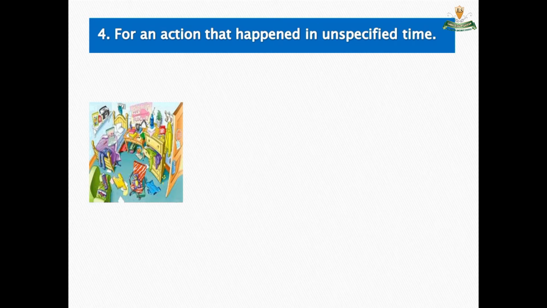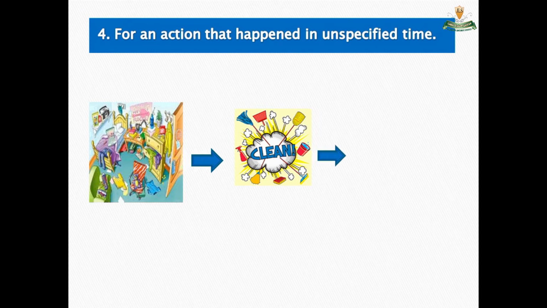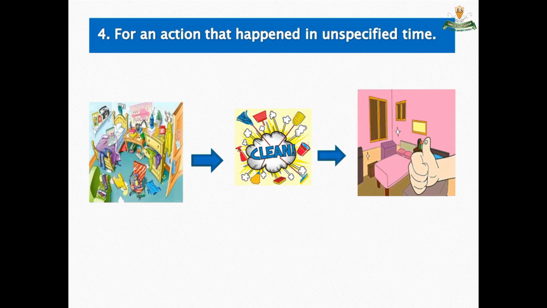Number four, for an action that happened at an unspecified time. Look at the first picture. This room is messy, and they are cleaning the room, and then this is the result. The children have tidied their room.